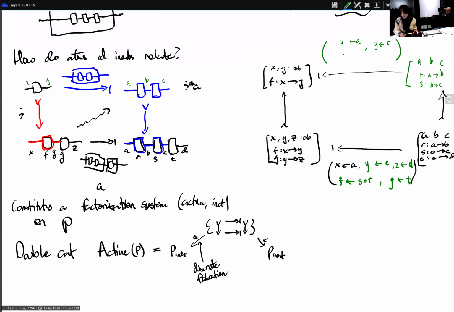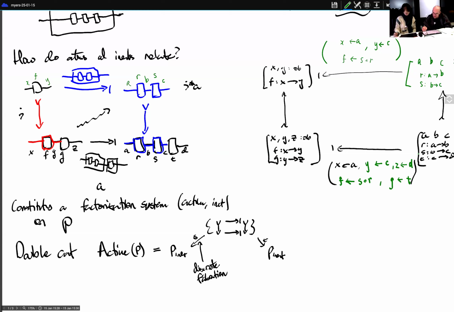Also this box is labeled as F. So F gets to the two together, which is R and S. So S∘R.